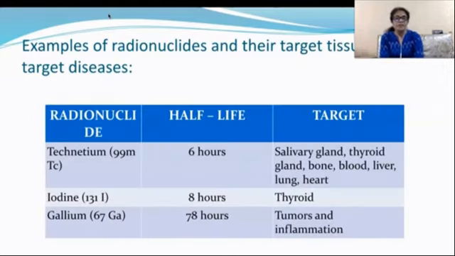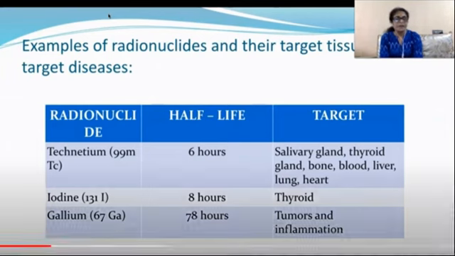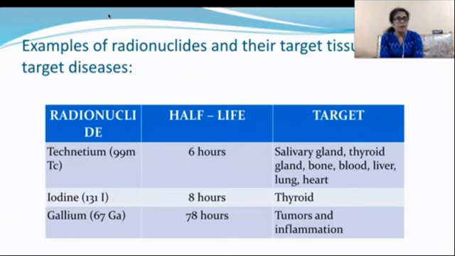Then, what are the examples of radionuclides and their target tissues or target diseases? Radionuclides are technetium-99m. Its half-life is 6 hours and targets are salivary gland, thyroid gland, bone, blood, liver, lung and heart.